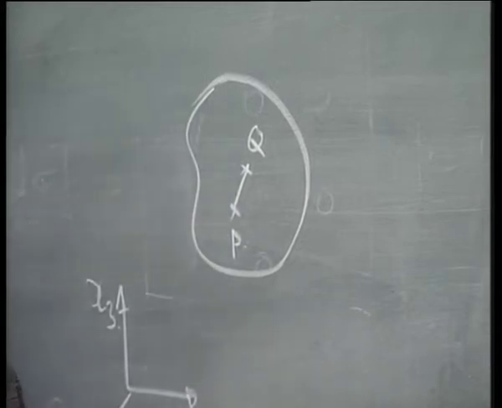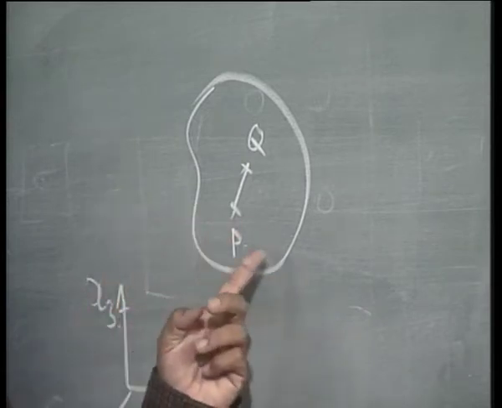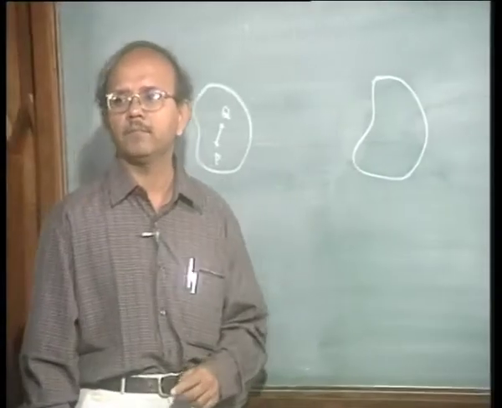Both of them are very close, okay, infinitesimally close. Let us now watch this line element and see what happens to this line element, right. Let us say after deformation this body goes to this position.